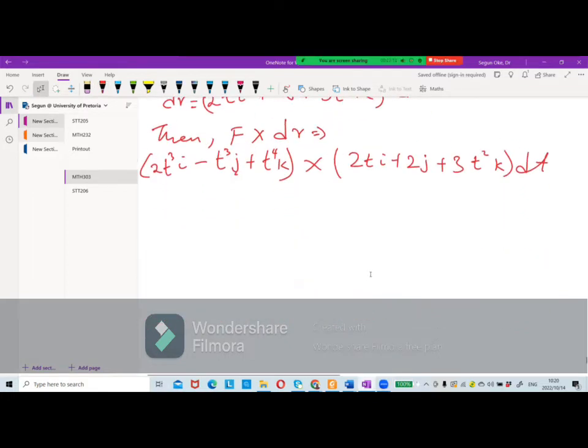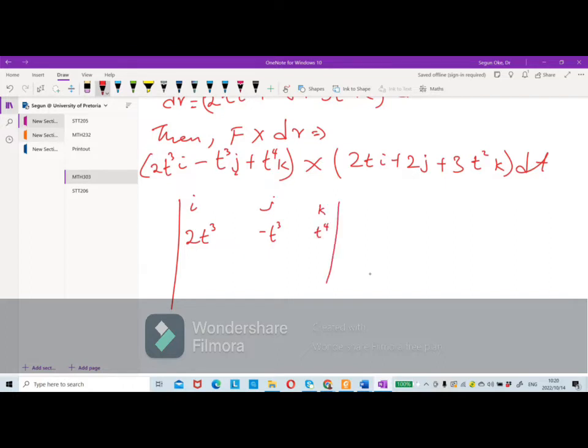So we can now go ahead and do the cross using the determinant method. i is what? 2t cubed. We have j, minus 3t cubed, k, t to the 4. K is here already.